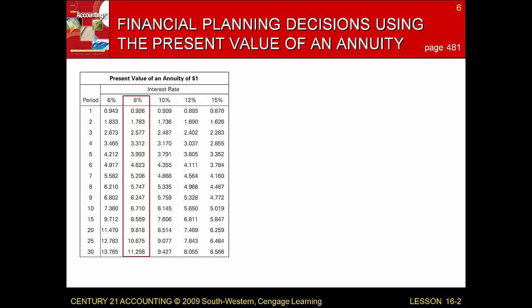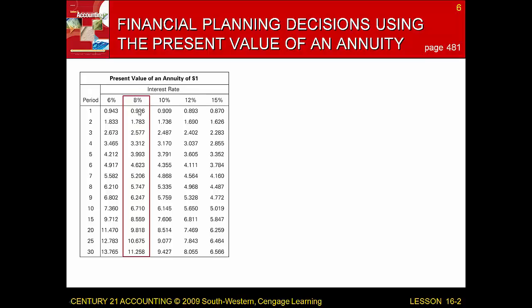So let's look at two people who want to retire at a certain age. They project they're going to need $50,000 per year to support themselves. They assume they can invest their money to yield an 8% rate of return. So that's the present value of an 8% annuity at $50,000.